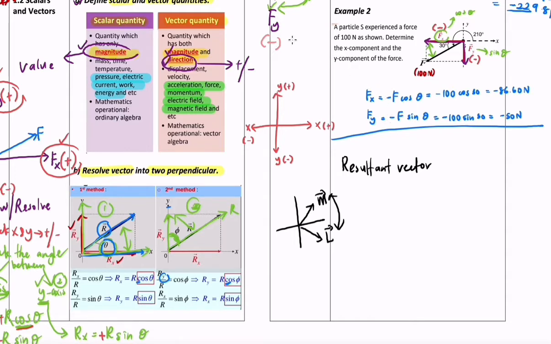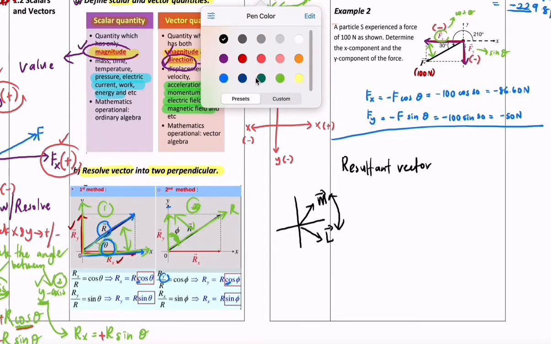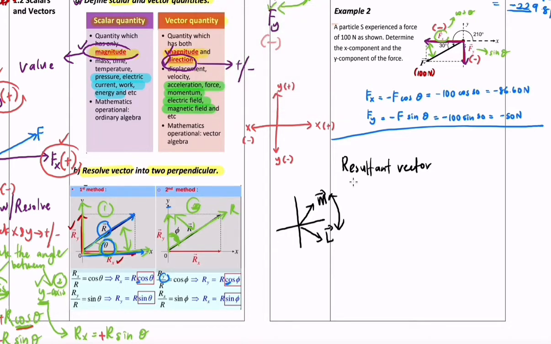Okay, so that is resultant vector. So resultant vector is 2, dia tak semestinya 2, dia boleh jadi 3, 4, 2 or more combination of vector.